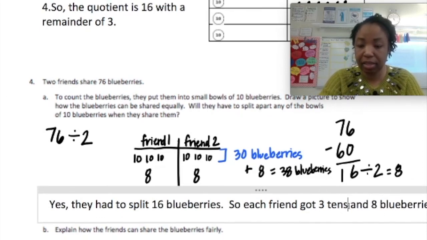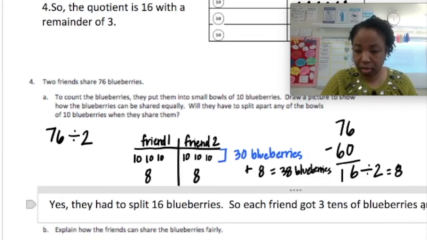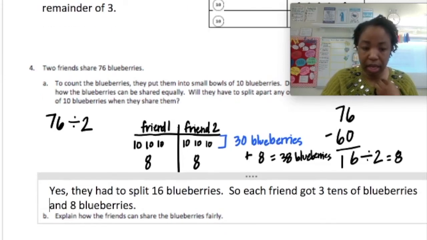I'll say tens of blueberries. And 8 blueberries. All right.